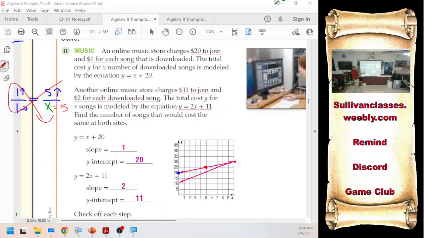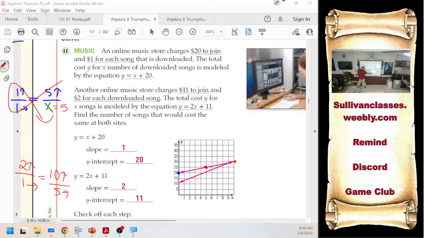Same thing goes for this guy. If the slope is 2 over 1, well, I can't go up 2 and over 1 when my scale's all funky like that. But I also can't really go up 5 because then I'm going to get fractions. Do you know of a number that 2 and 5 have in common? 10. Least common multiple. So I'll say, what if I go up 10 instead? Cross multiply, solve, and get 5.